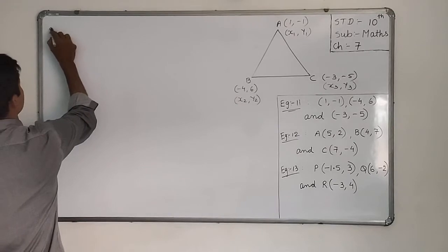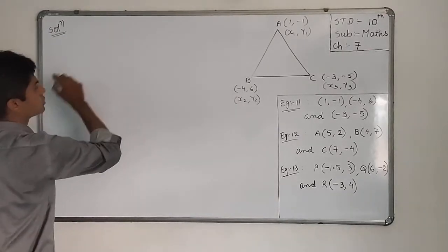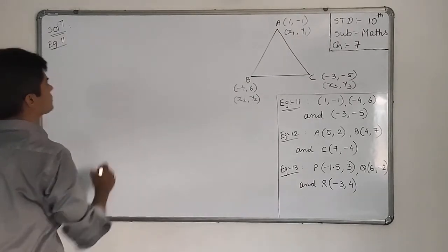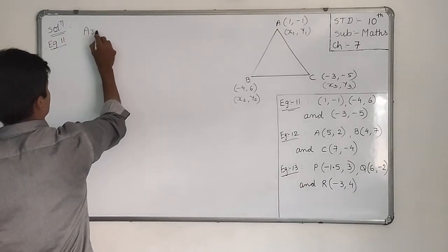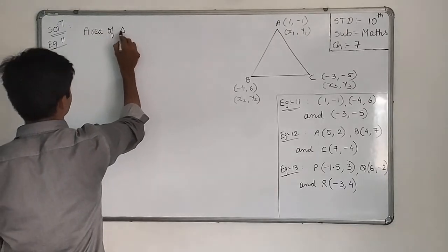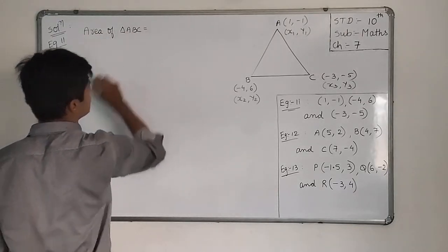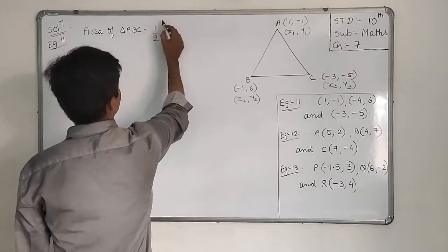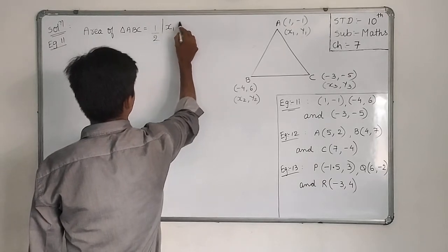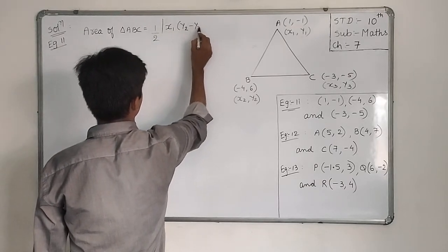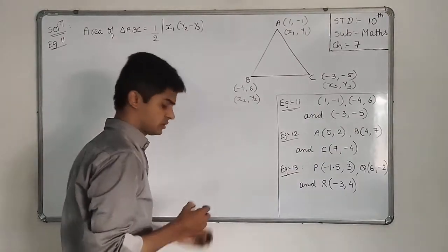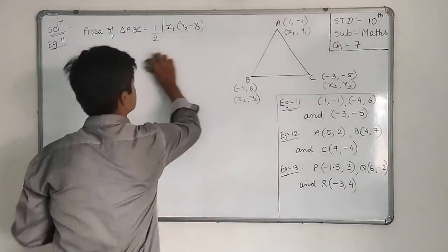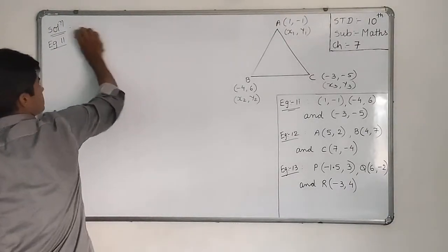Now let us do the solution of example 11. Area of triangle ABC is equal to half modulus x1 bracket y2 minus y3, right? Formula will not be completed there, so let us write downside.